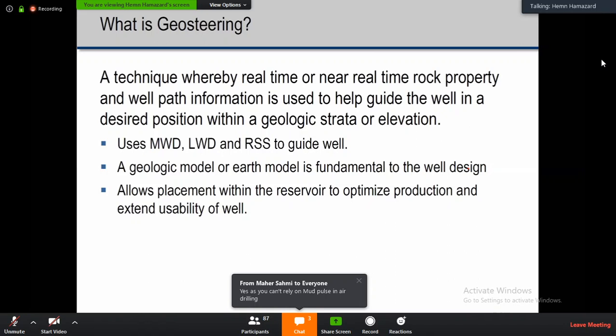The drilling people just work for him because it's so precise, and he needs to be very careful to avoid salt domes, to avoid the geological fault, to avoid the oil-water contact and so on. So that was the basic information about directional drilling.